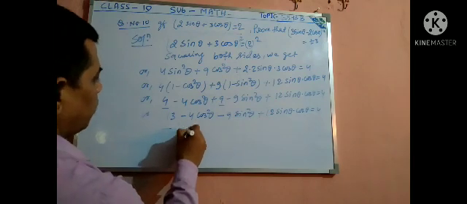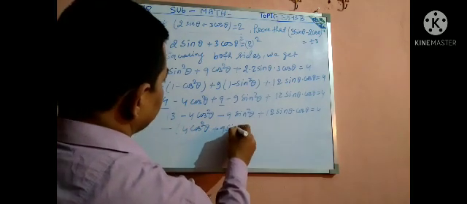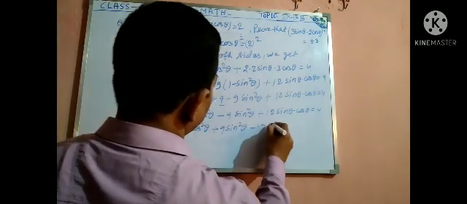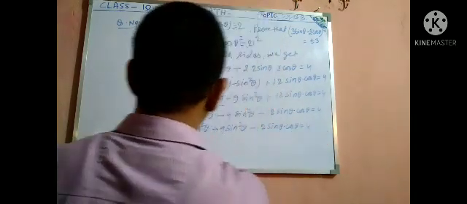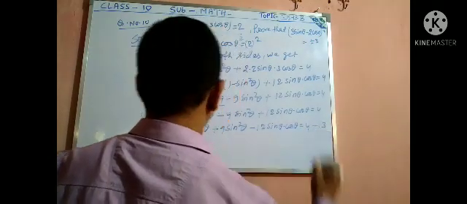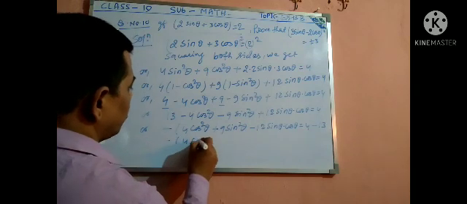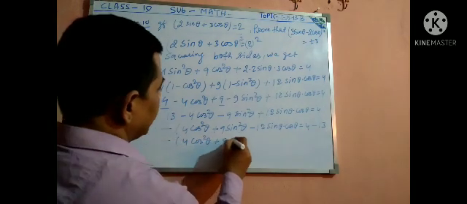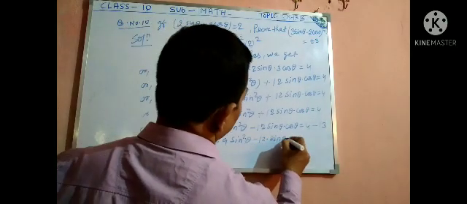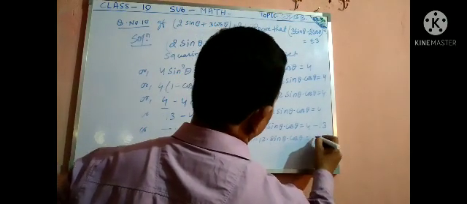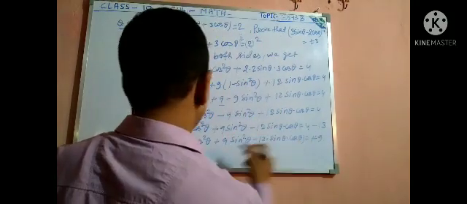So minus 4 cos square theta plus 9 sin square theta minus 12 sin theta into cos theta equal to 4. That value this side, that is minus 13. So minus 4 cos square theta plus 9 sin square theta minus 12 sin theta into cos theta is equal to minus 9. Minus value and these minus value cancel out.